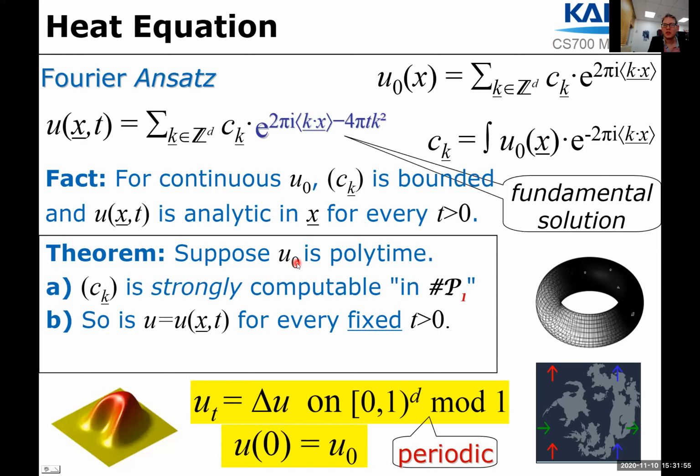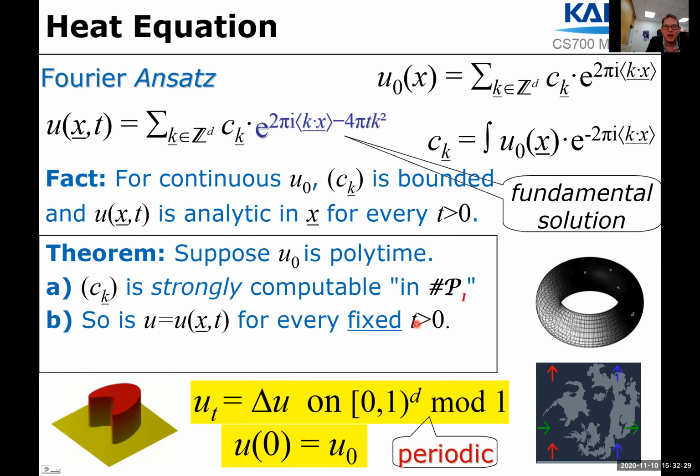It's just continuous, just polynomial time computable. So this is kind of a non-uniform claim. Fix a positive time, then the solution is analytic and computable in sharp P1 with respect to the space variable. The space variable varies. Time is fixed, positive, arbitrary, but fixed. So that's the positive part.